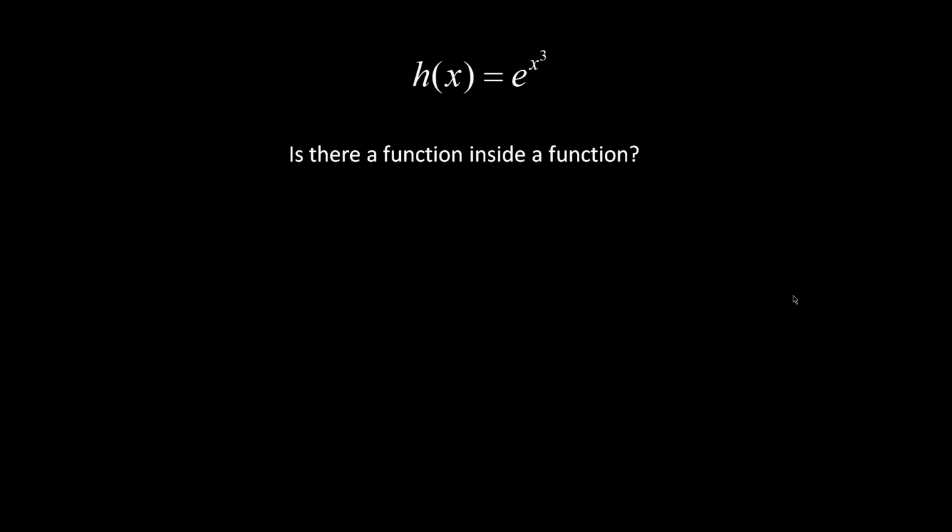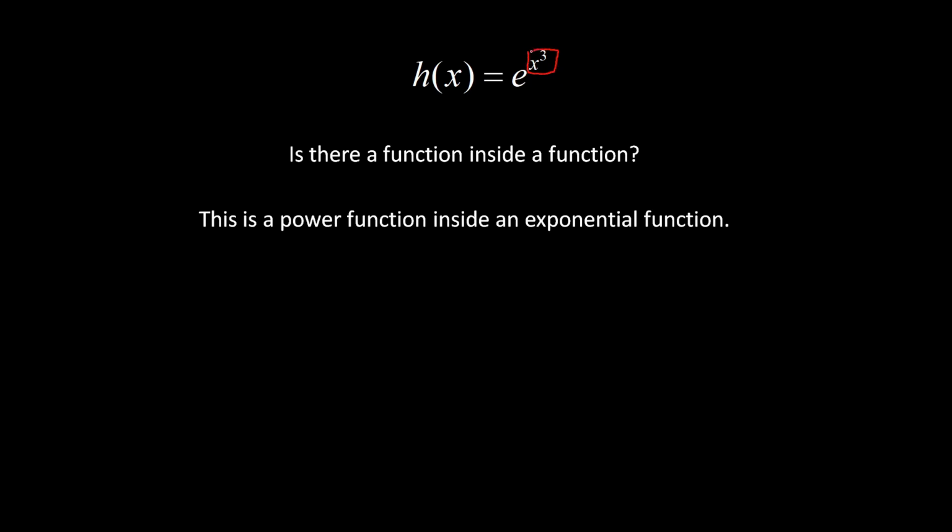When you have a function inside another function, you have to use the chain rule. So we have a power function, x cubed, and this power function is being put into an exponential function.